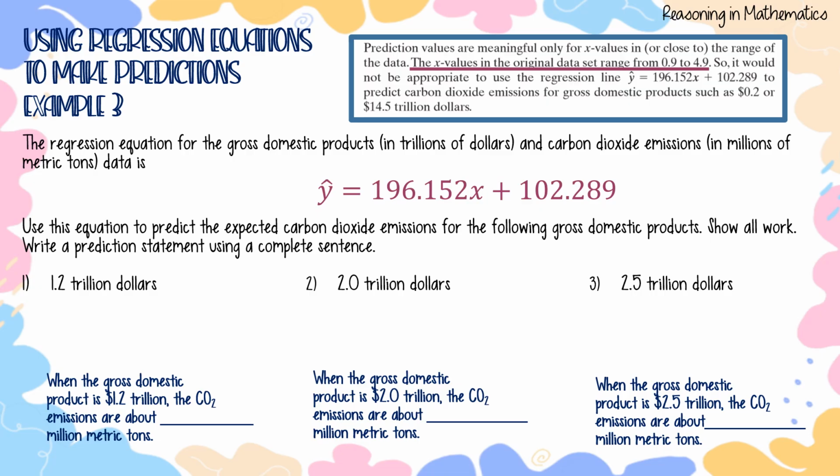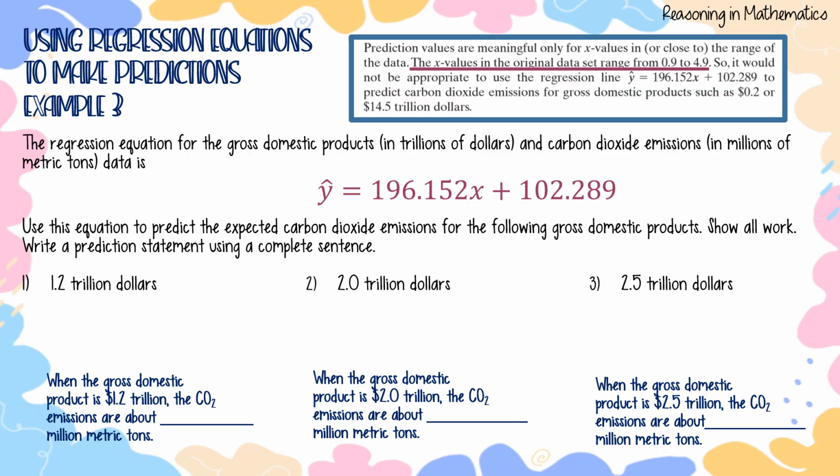So it's not actual data, it is a predicted value based on the linear regression equation, which is 196.152x plus 102.289 to predict carbon dioxide emissions for gross domestic products such as 0.2 or $14.5 trillion.